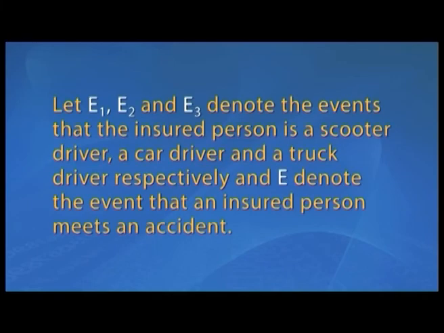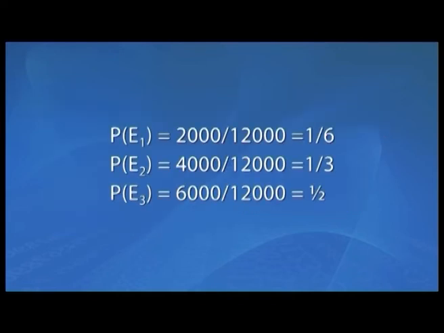Let E1, E2 and E3 denote the events that the insured person is a scooter driver, a car driver and a truck driver respectively, and E denotes the event that an insured person meets with an accident. We are given the following probabilities.